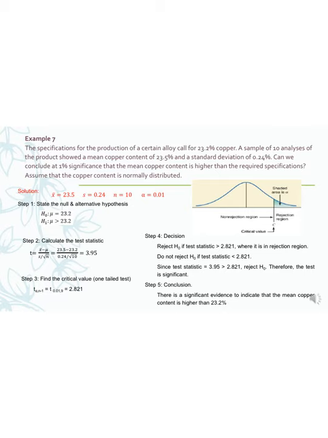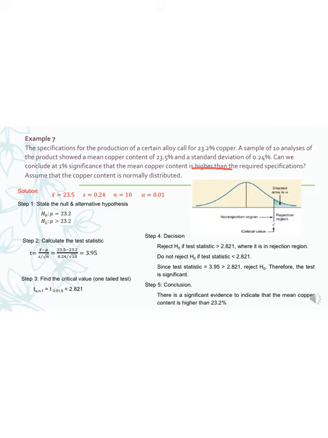We want to test whether the mean copper content is higher than the required specification. So this will be our alternative hypothesis. For the null hypothesis, mu equals 23.2, H1 mu greater than 23.2, because the keyword here is higher.